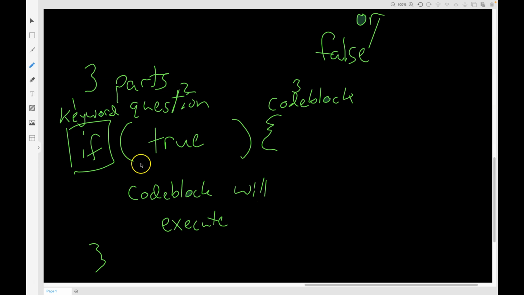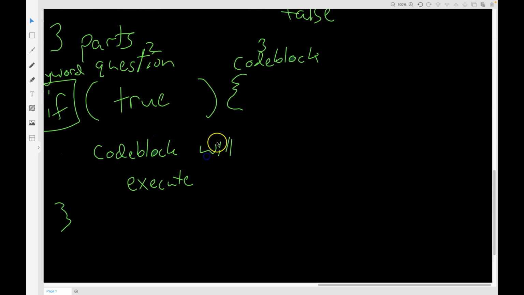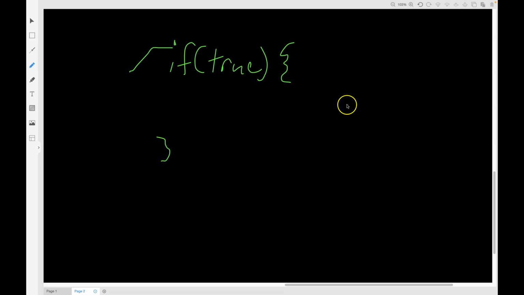So if we only want to check if something is true, then we only run this. But we can have a little bit of variations. Let me just do a different page. We can have an if. So if this is true, then we do that, okay?